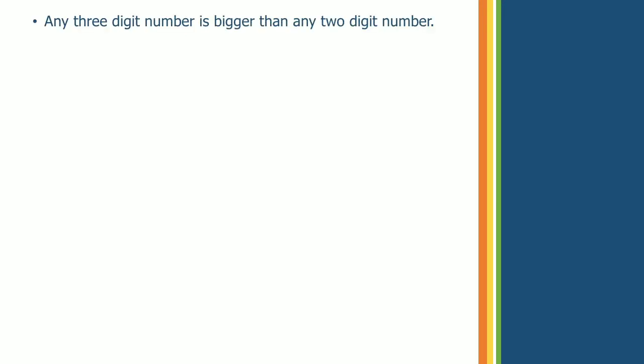Any 3-digit number is bigger than any 2-digit number. So remember students, whenever there is a 3-digit and a 2-digit number, the 3-digit number is always bigger. For example, 321 is greater than 27. 74 is less than 284.